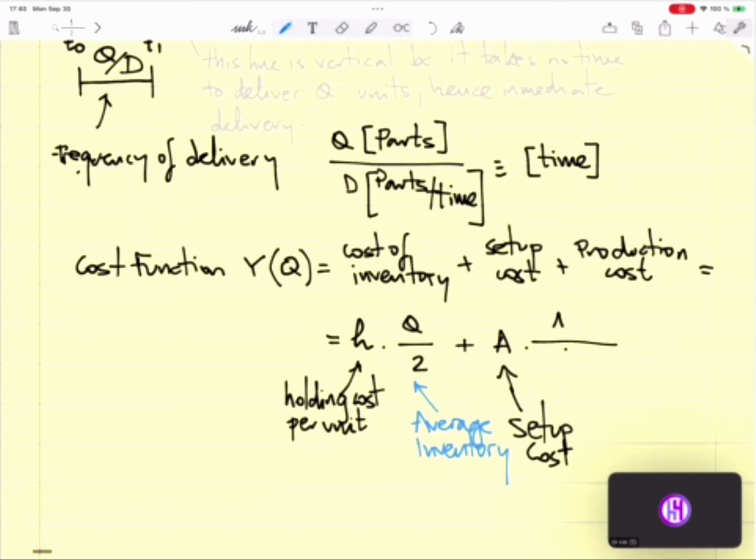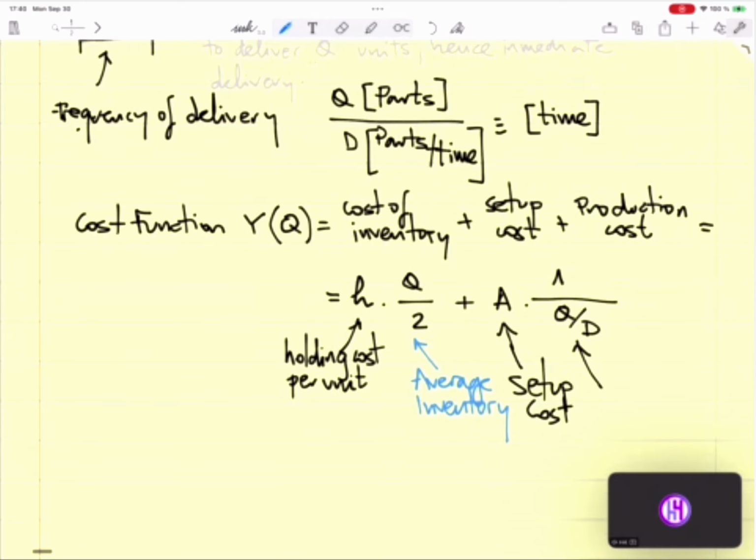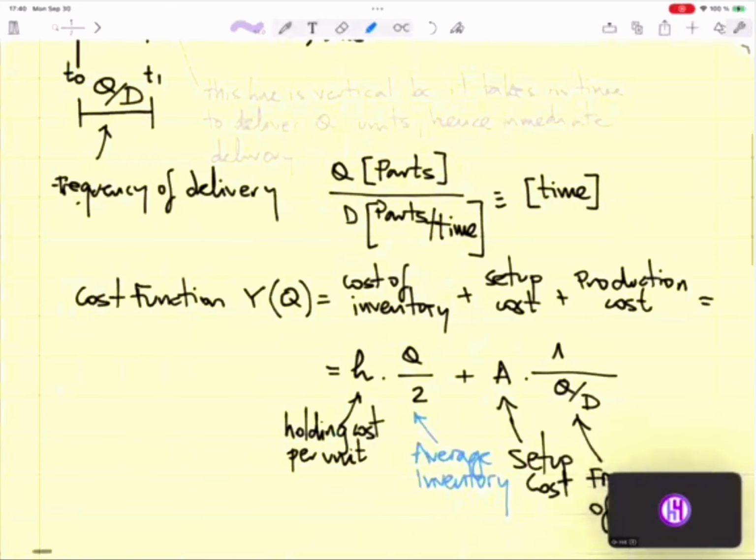Q divided by D is the frequency of setup. How often it repeats, T1, T0, how many times we go up and down in this saw.